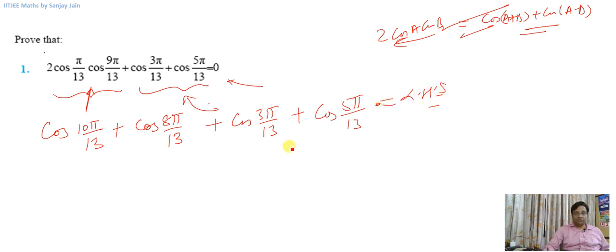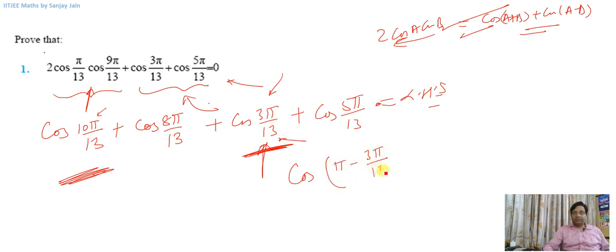Now if you notice this angle and this angle, this is 10 pi in the numerator, this is 3 pi in the numerator, and in the denominator there is this 13. So what you can do is write any of these angles, for example cos 3 pi by 13, as cos of pi minus 3 pi by 13, and pi minus 3 pi by 13 is nothing but 10 pi by 13.